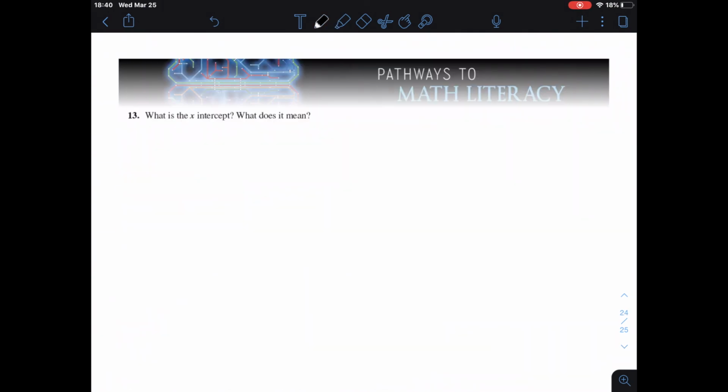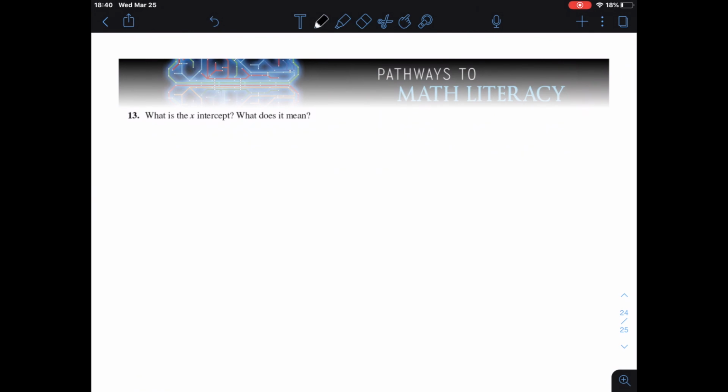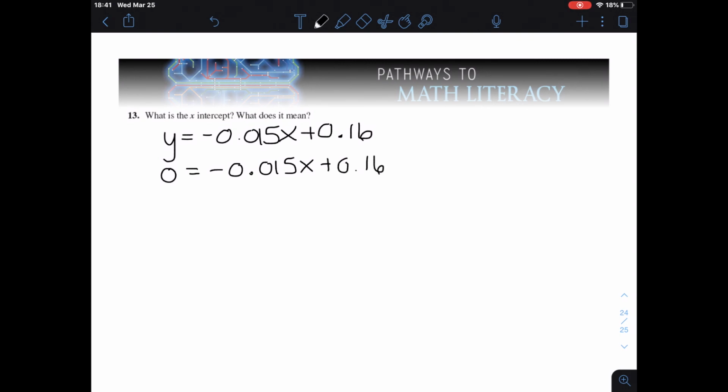Okay. So now we want to figure out what is the x-intercept. So we want to figure out, when do I intercept the x-axis, and what does that actually mean? Our y-intercept causes x to be 0. So we have our equation y equals negative 0.015x plus 0.16. If you want to intercept the x-axis, the y is going to equal 0. And you want to solve for the value of x that makes this equation true.